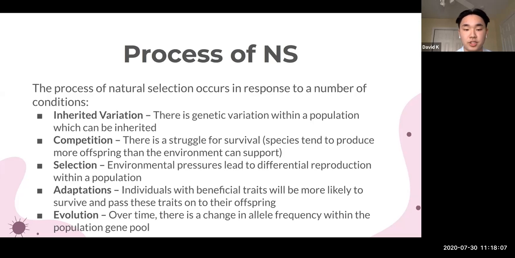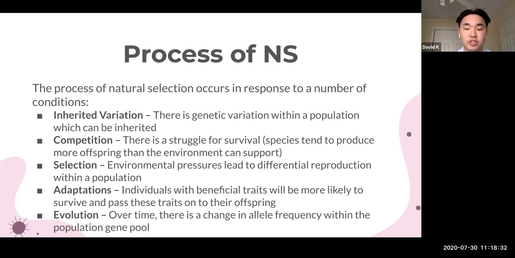And then there's competition. This is where there is a struggle for survival, a limited number of resources, and species tend to produce more offspring than the environment can support, so that even if some die, some survive and can push through the competition of that environment. And then here's selection, the environmental pressures, right?